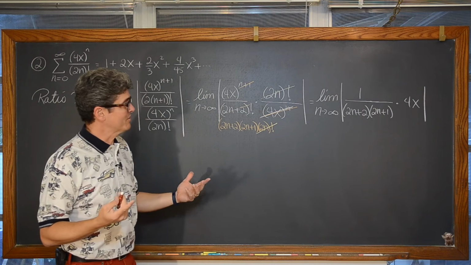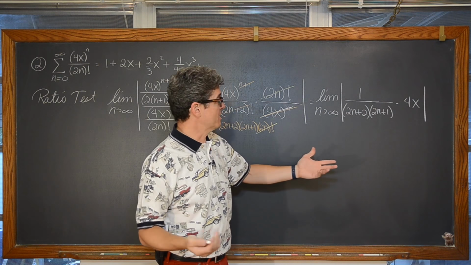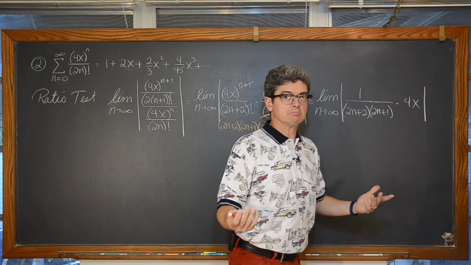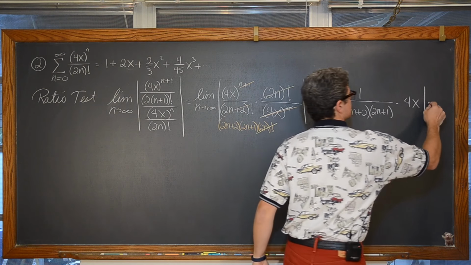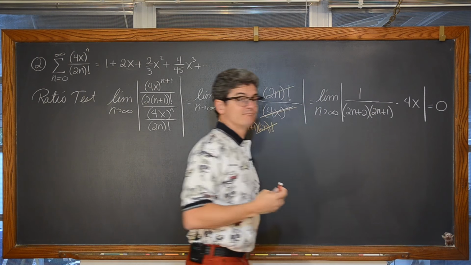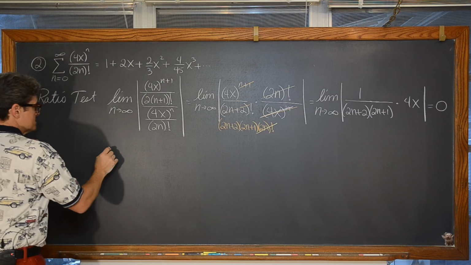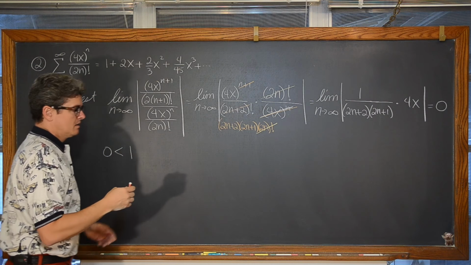Now, if we let n go to infinity, well, we're going to have 1 over infinity, which approaches 0. And 0 times 4x is just 0. So the limit as n approaches infinity is 0. And of course, 0 is always less than 1.